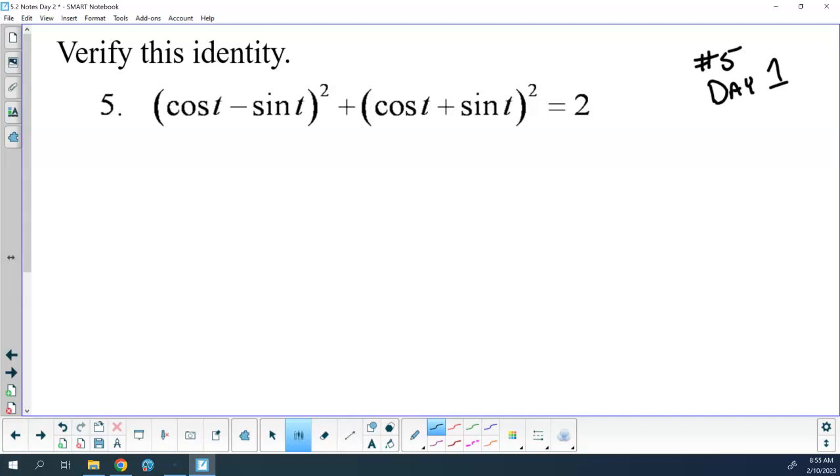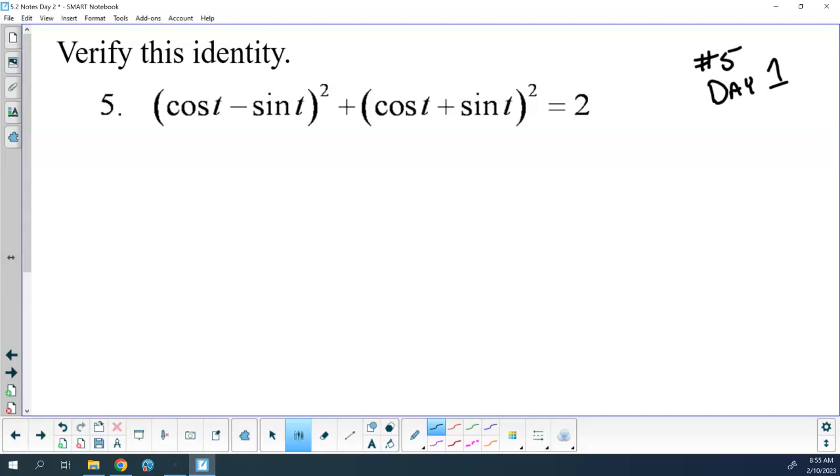Do you want to only work the left side or only work the right side? And unfortunately, in trig, the side that looks the scariest is the side that you want to choose, because you'll be able to do more things with it.